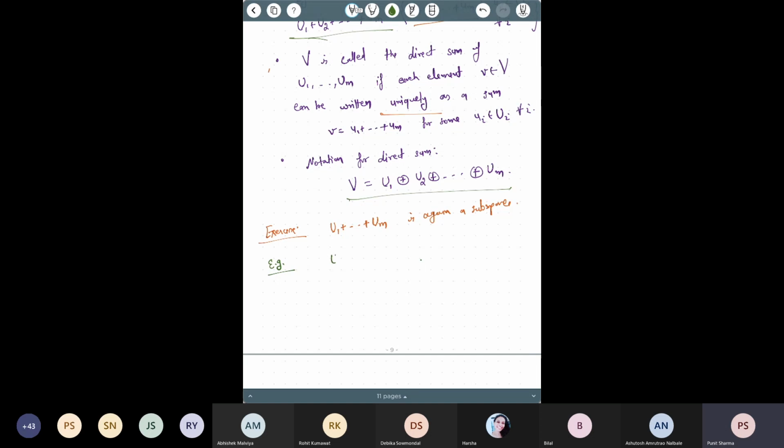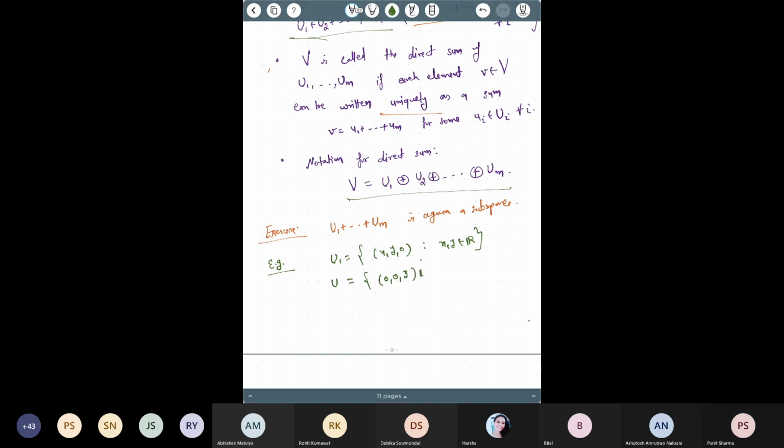Let me take U1 as, let's say, (x, y, 0), a simple example in R3. So our vector space is R3 and U1 is this one, and I will take U2 as, let's say, (0, 0, z).